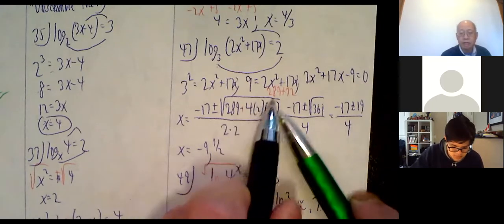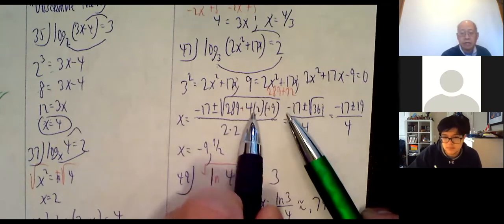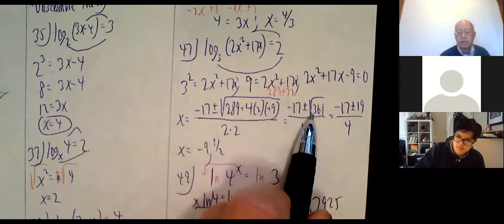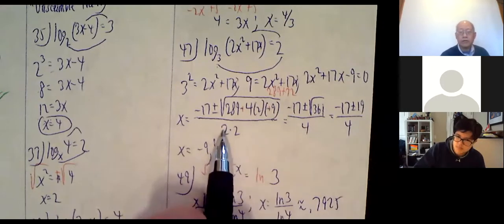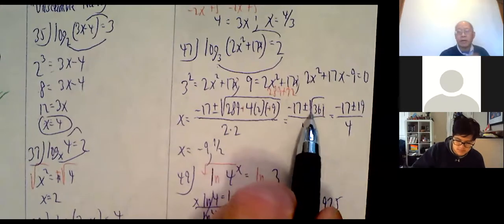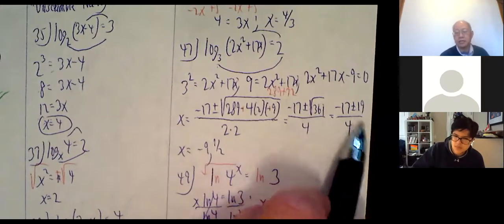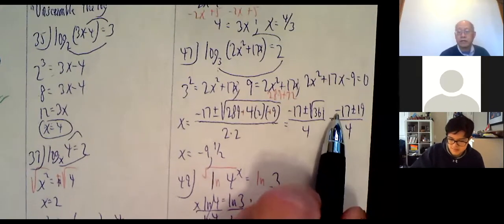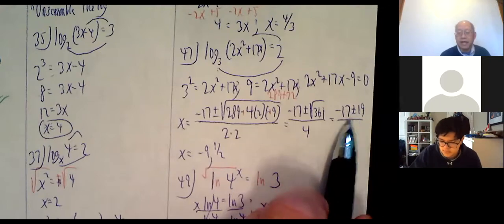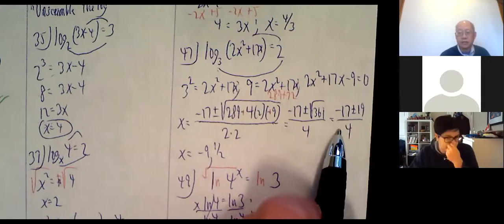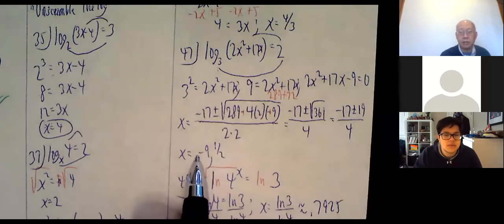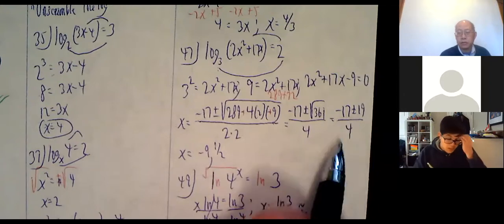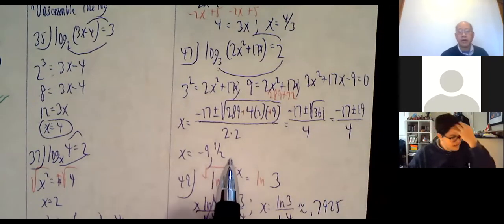On scratch paper, 289 plus 4 times 2 is 8, 8 times 9 is 72. 289 plus 72, 361, over 2a, 2 times 2 is 4. Very conveniently, the square root of 361 is 19. So I have two nice solutions. Negative 17 minus 19 is negative 36, divided by 4 is negative 9. And negative 17 plus 19 is 2, 2 divided by 4 is 1/2.